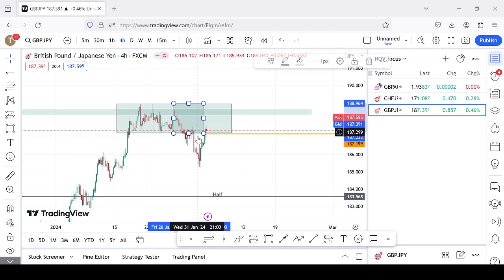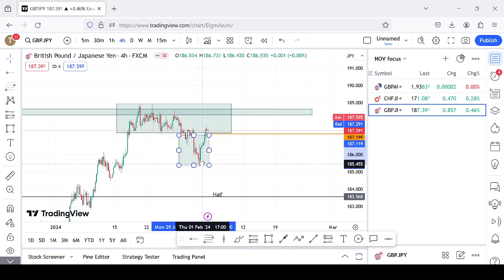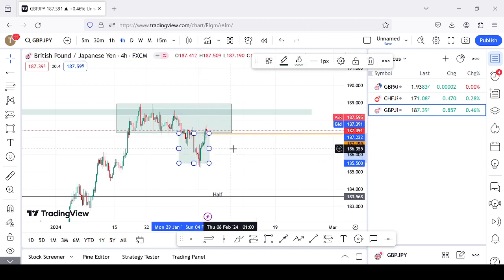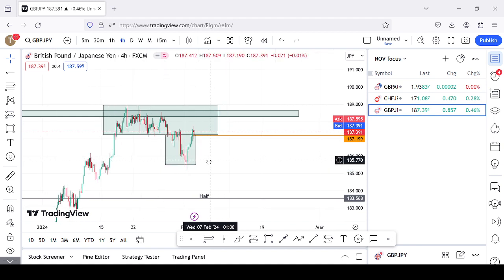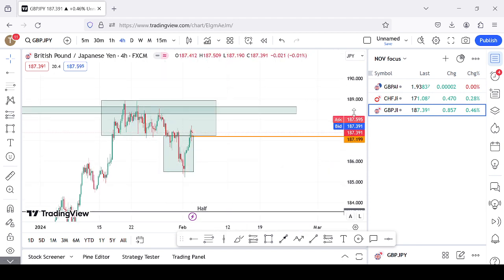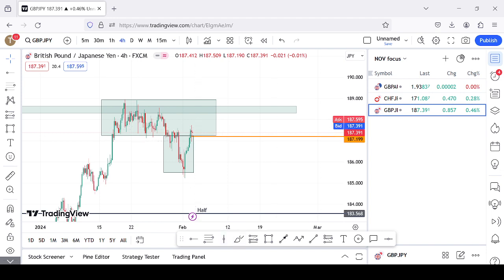I don't want to engage now using this pattern because you can see it completed. It went up, retested, and then came down all the way to the distance that it was consolidating, and immediately it finished the pattern, it went up. So that's how we normally trade the consolidation market.